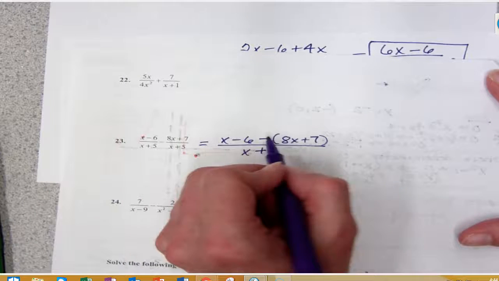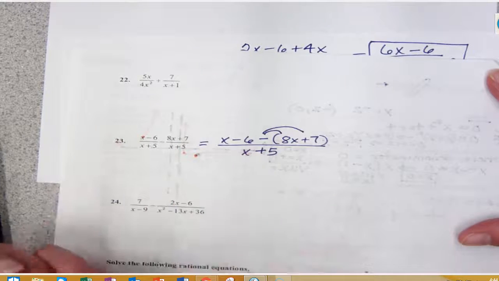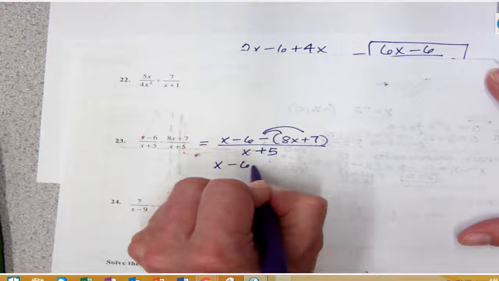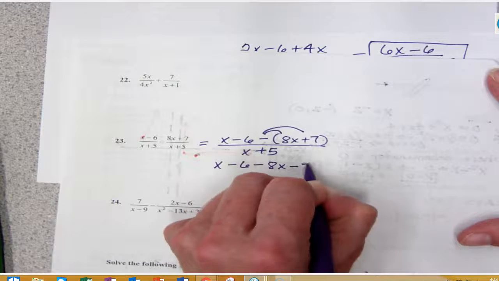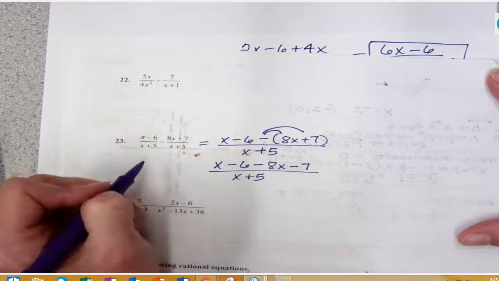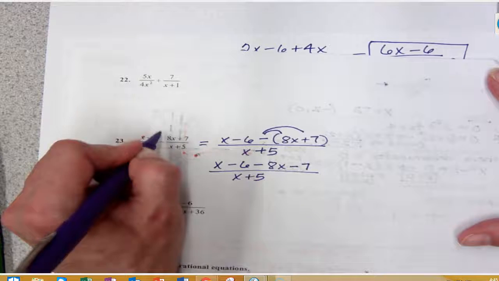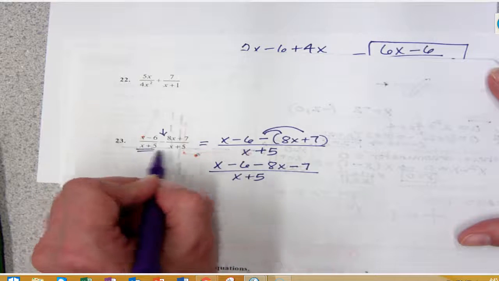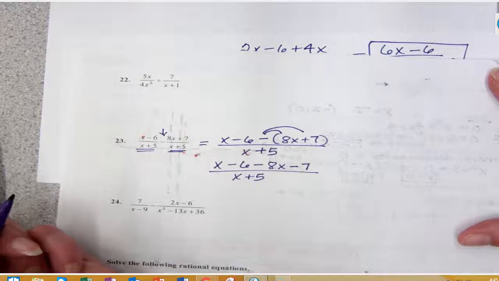The only thing you need to make sure you do is distribute that negative. So you get x minus 6 minus 8x minus 7 all over x plus 5. Why am I not changing the denominator? Because when you're adding and subtracting, the denominator stays the same.